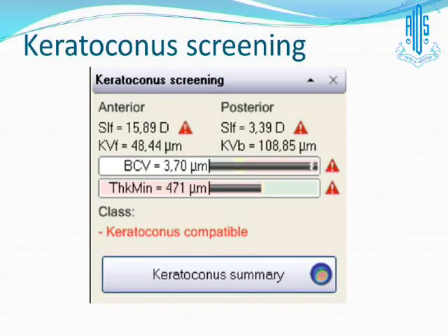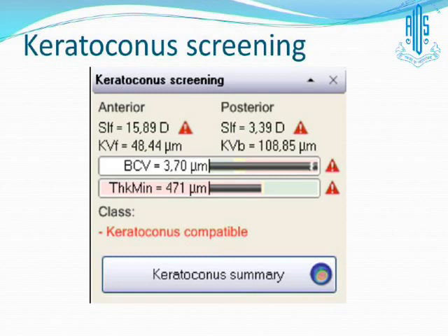Now there is a keratoconus screening, which includes all these things, like the symmetry index of the front and the back surface, then the steepest point of the ectasia of the cornea of the front as well as the back, and there is something called the BCV index. So this is nothing but the altimetric values, using the corneal wavefront, corneal aperometry.